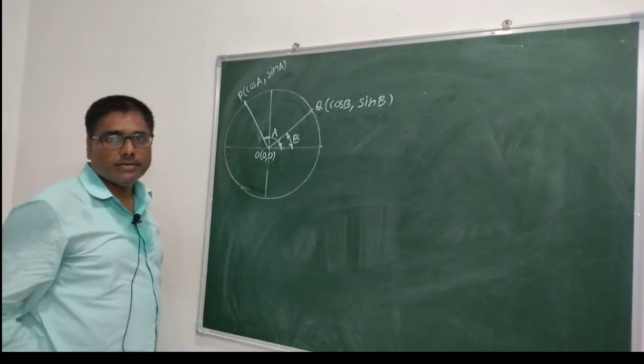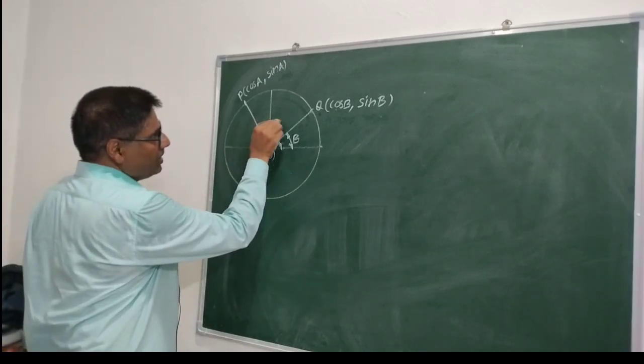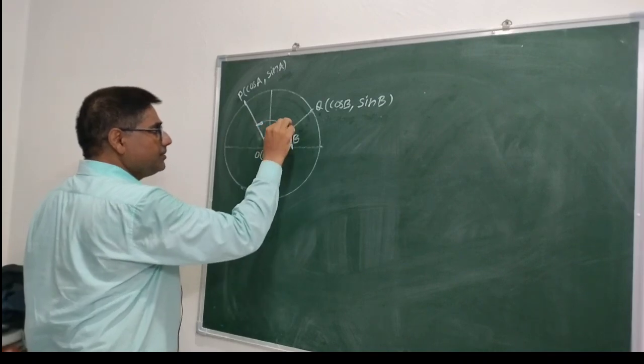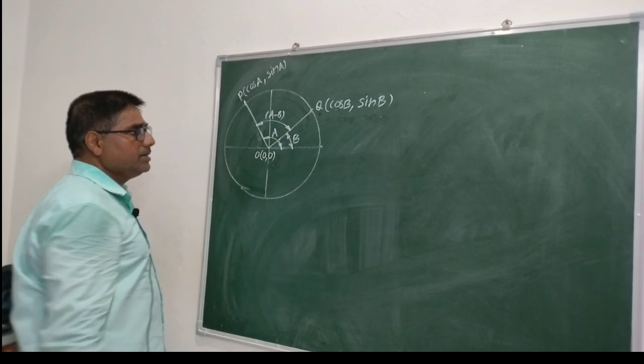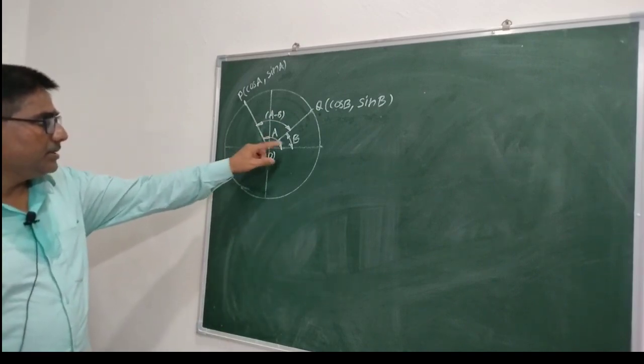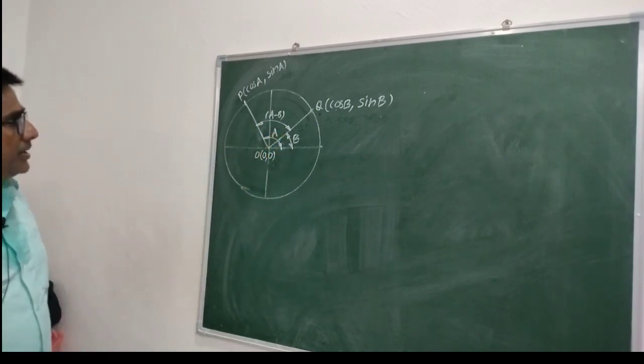Now you can see here this angle is A minus B. This is A, this is B, therefore this is A minus B.